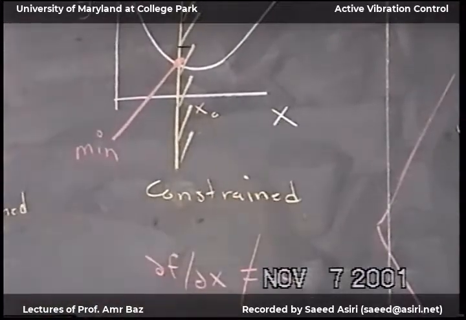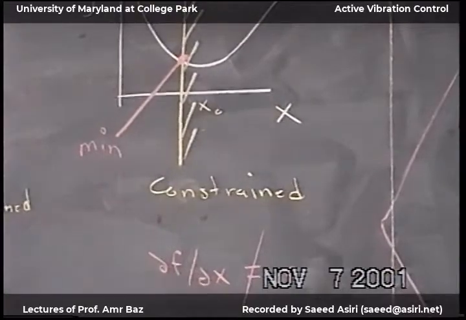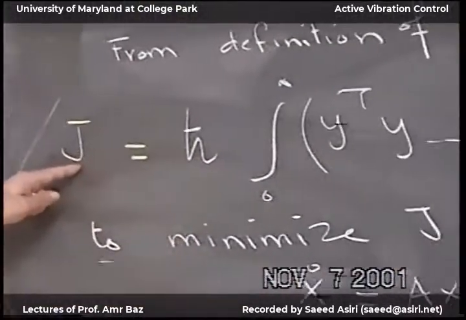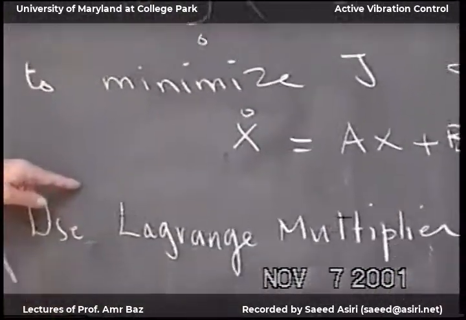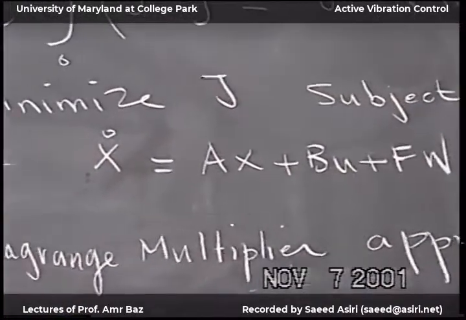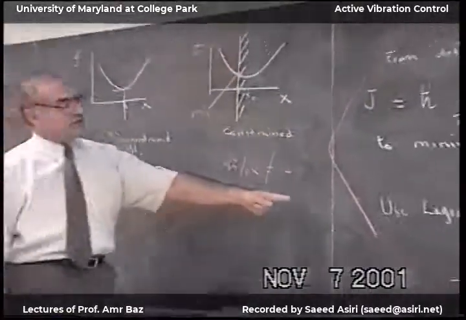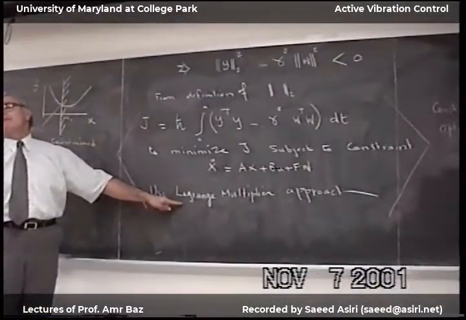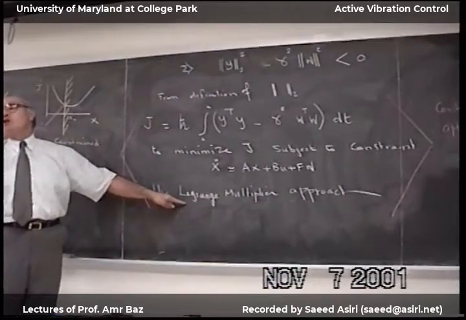But now what we will do, we'll augment the constrained objective function with the constraint. Then I have unconstrained space. There are many ways of doing it. This is one way. Another way is, for example, the penalty function method, and so on.